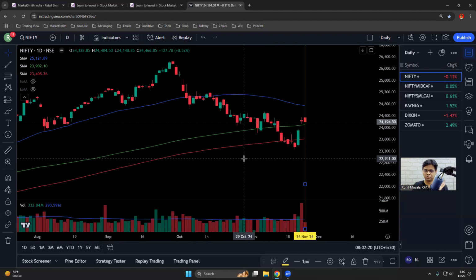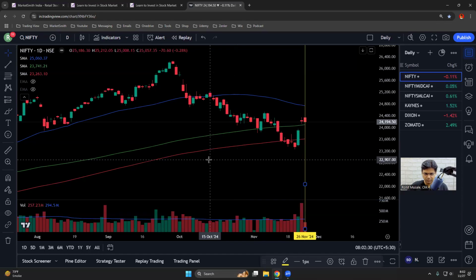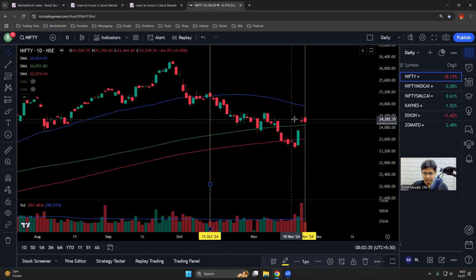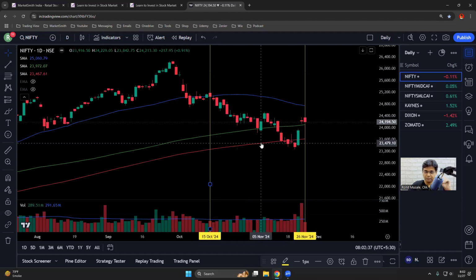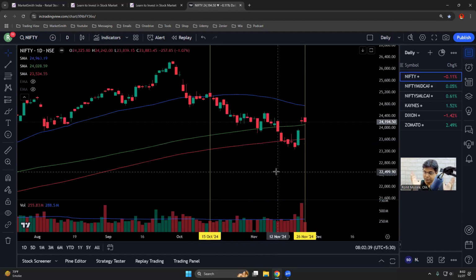Before 26 October, you go back another 7 days, roughly 15th or 19th of October. So let's go to 15th October. During these two yellow lines, if there are 5 or 6 distribution days, and a distribution day is something that is mathematically defined, that is a confirmed downtrend.